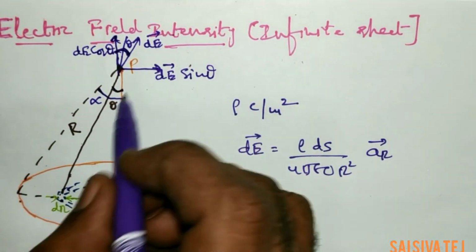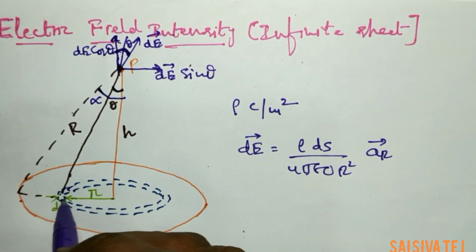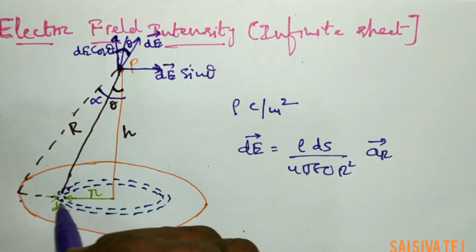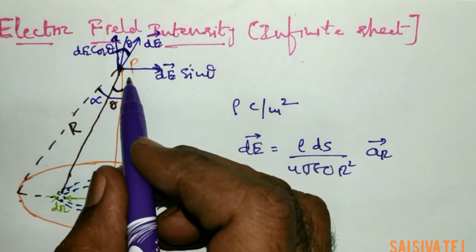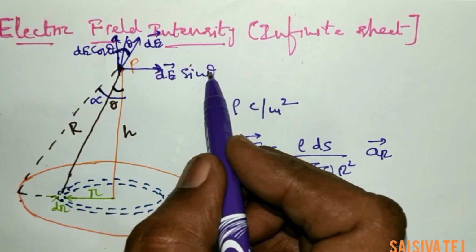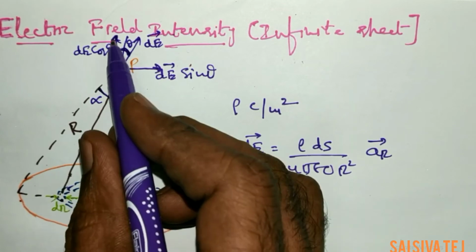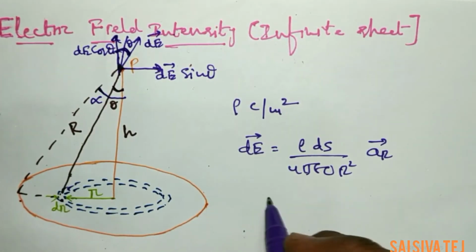Whatever the horizontal component is because of this small element is going to be neutralized by the opposite component on the right hand side. So obviously the resultant horizontal component becomes equal to 0, and we are left with only the vertical component, which is dE cos theta, as the electric field intensity.